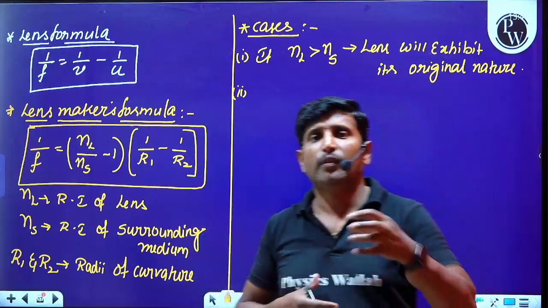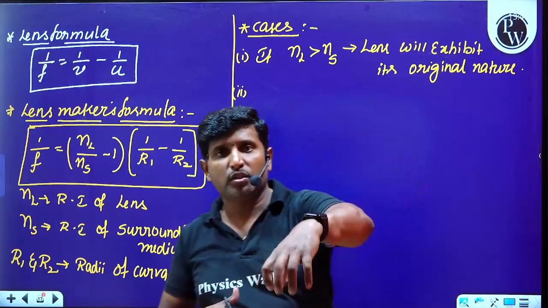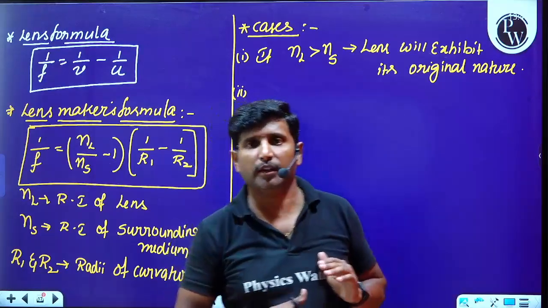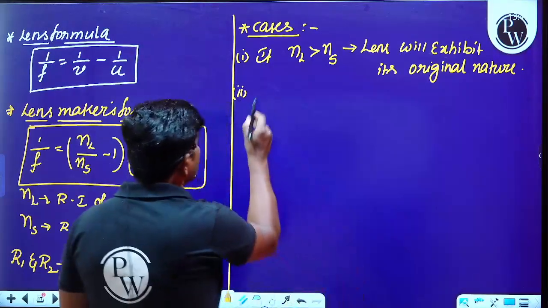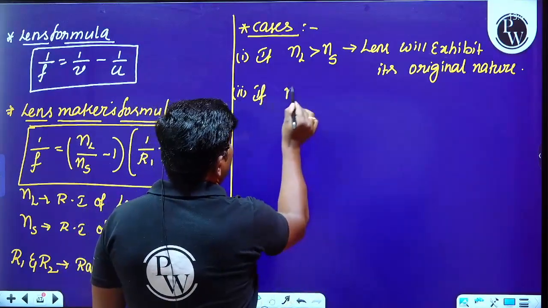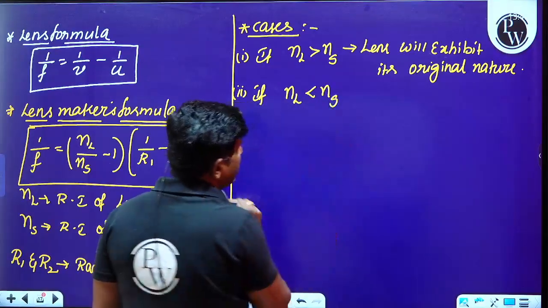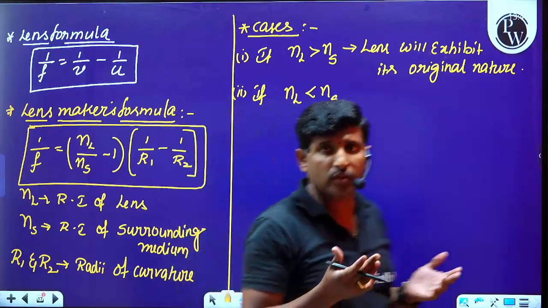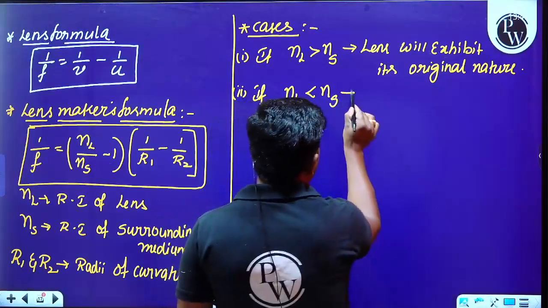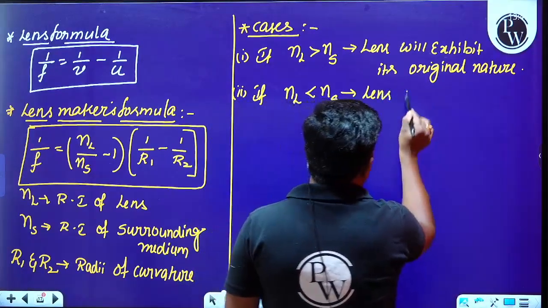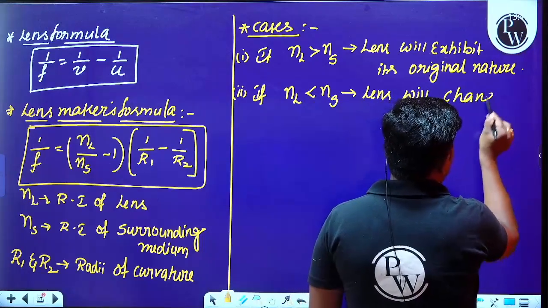Therefore, whenever we take the concave lens in any medium which has a lower refractive index, then it behaves as a diverging lens. Similarly, if N lens is less than N surroundings, that is, the surrounding medium's refractive index is greater than the refractive index of the lens, then we can say the lens will change its nature.